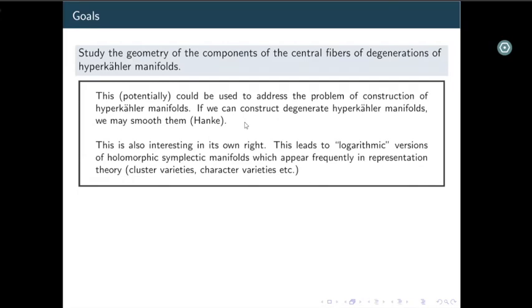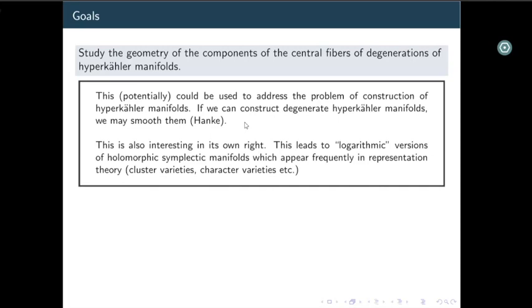This is a generalization of work of Kawamata and Namikawa from back in the 90s. But on the other hand, you can also think about what we get out of this as being interesting in its own right. These are things that look a lot like cluster varieties, and as you'll see later, things like character varieties start to enter the picture once you start to study these things, or stuff like cluster varieties.